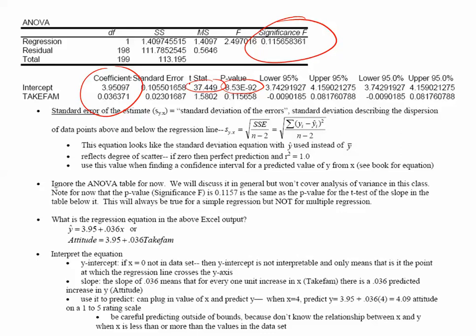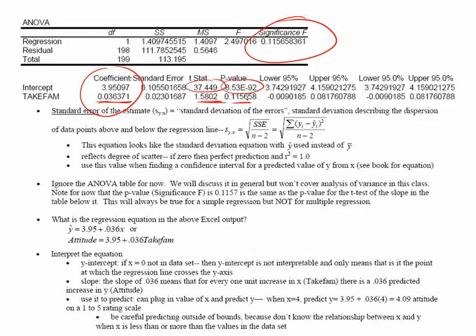The next coefficient is the slope for the line. Now that's a pretty small slope. It means that for every unit in take fam, so how I feel about the characteristic of take fam, if it increases by 1 unit, then on average the attitude will increase by 0.036 units. Now that's pretty small, and we can see that it is not statistically significant.